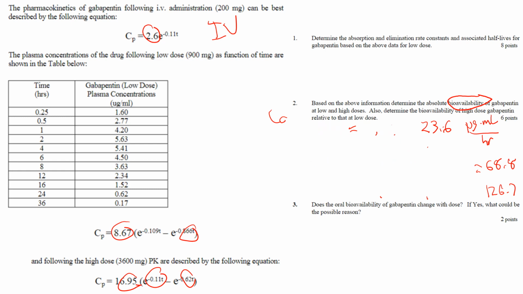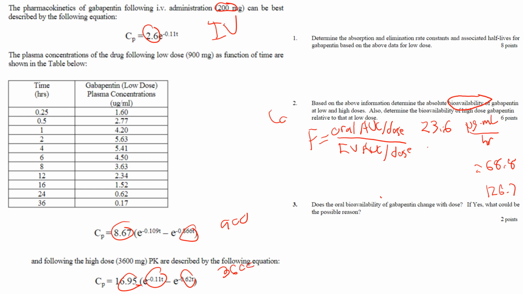To get bioavailability, which is denoted as F, we can use our oral AUC, which is what we just calculated, divided by the dose, over IV AUC, which was the first thing we calculated, also divided by the dose. If you remember, the dose of IV was 200, dose of this one was 900, dose of this one was 3600.